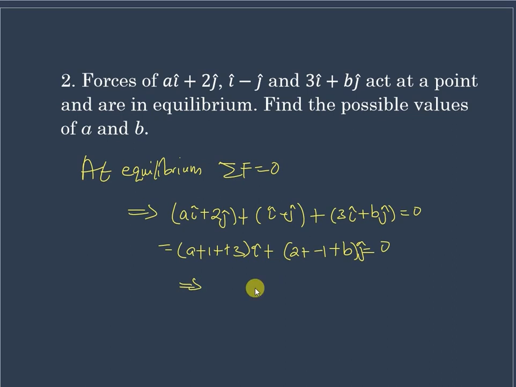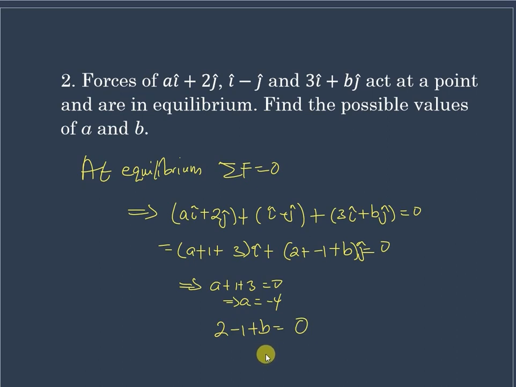So the implication of this statement is that a plus 1 plus 3 is equal to 0, from which we have that a is equal to negative 4, and we also have that 2 minus 1 plus b is also equal to 0.